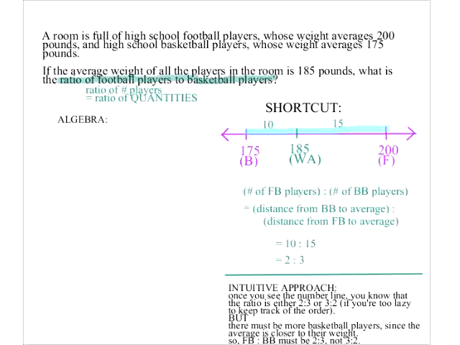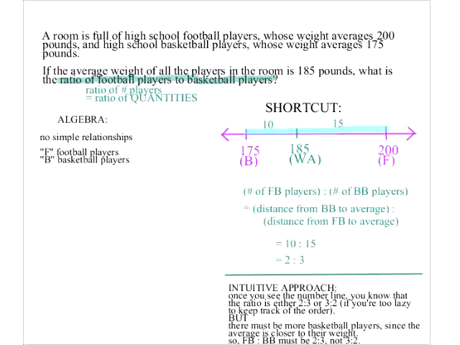The algebra is, in this case, you have to use 2 variables because you don't have any simple relationships. So you would say F football players and B basketball players.